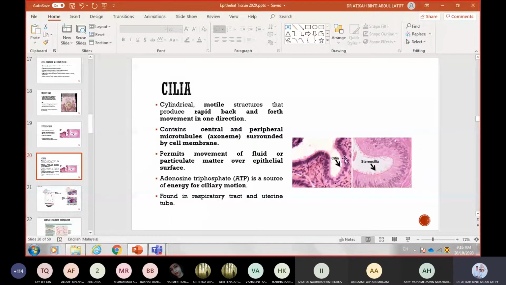The cilia will help to push the ovum towards the uterus, to be expelled then down through the cervix and so on. So the cilia actually helps in movement as compared to stereocilia, which is involved in absorption.